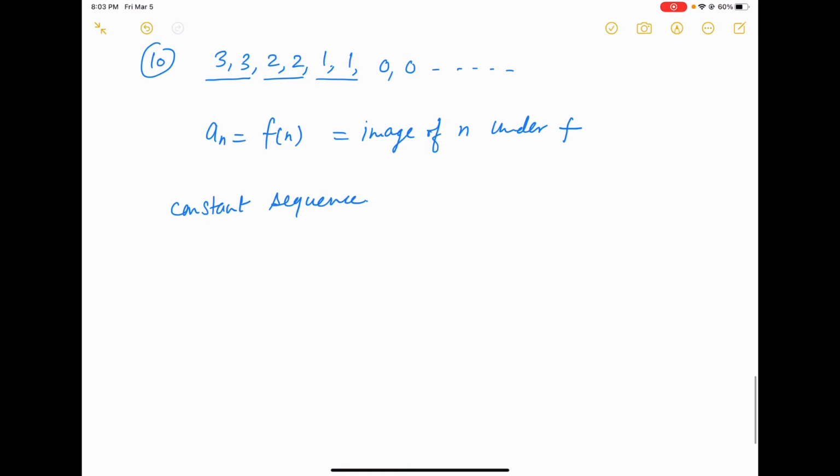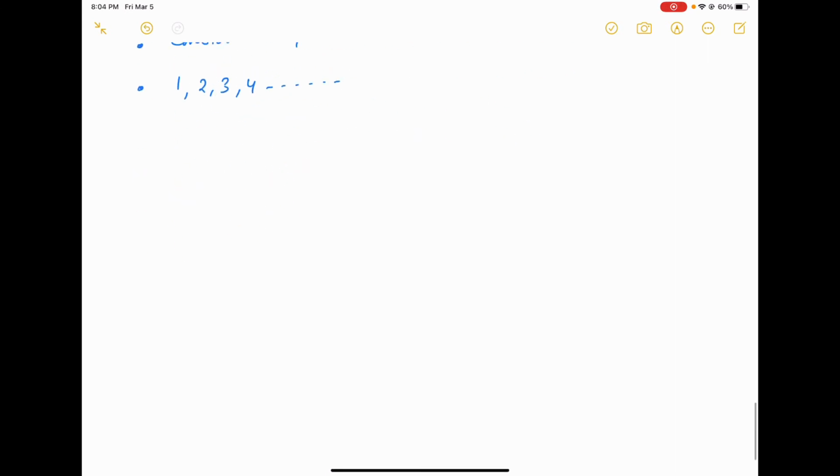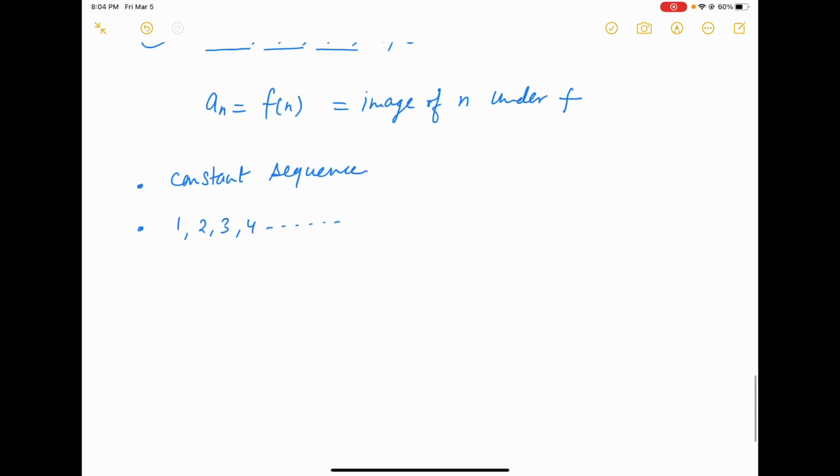Next one is, if we write numbers like 1 2 3 4 and so on, then you can see here these numbers are in increasing order. So this is an increasing sequence, or it is called strictly increasing.